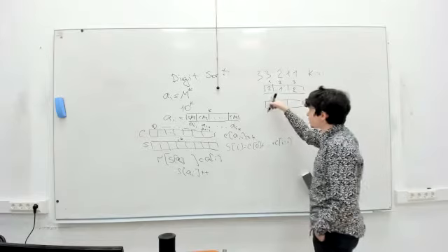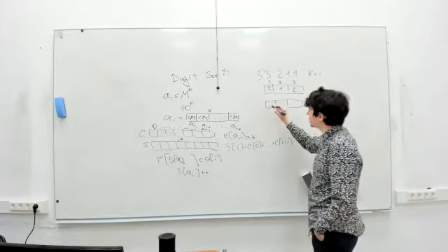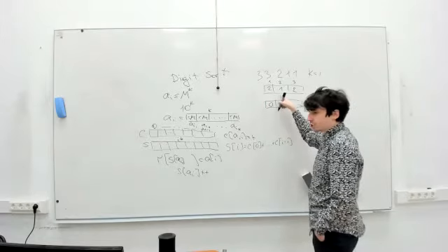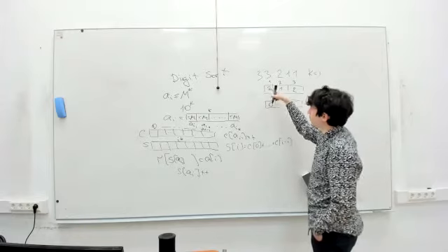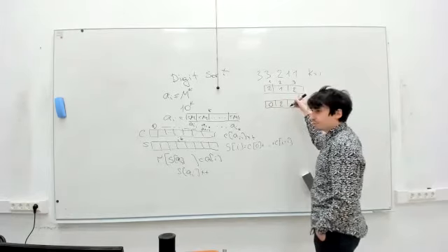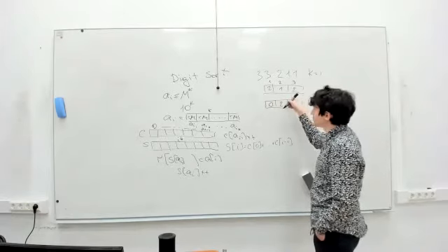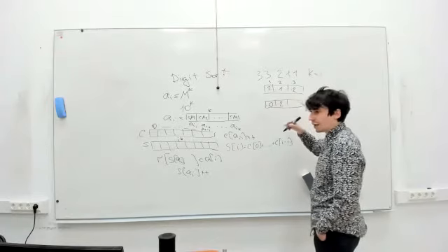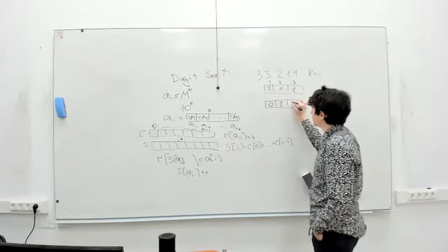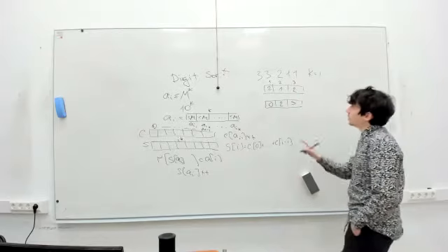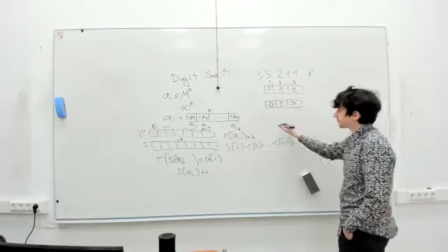So the first position where 1s should start is 0. The first position where 2 should start is the number of 1s, which is 2. The 3s are going to start from the position after 1s and 2s, so this is 3. So now let us go.